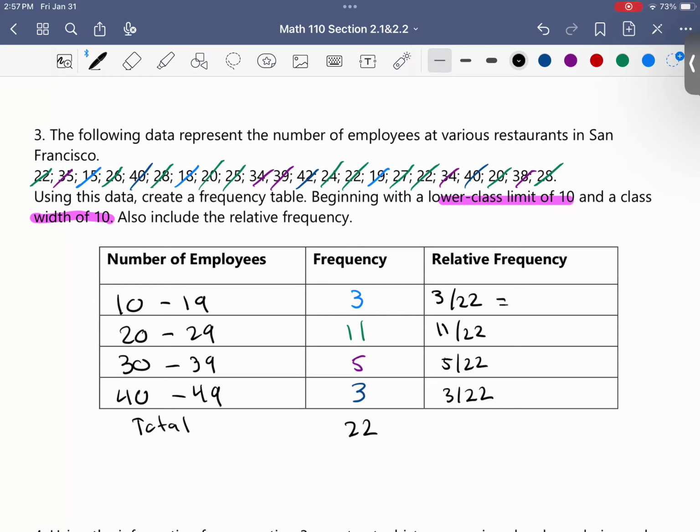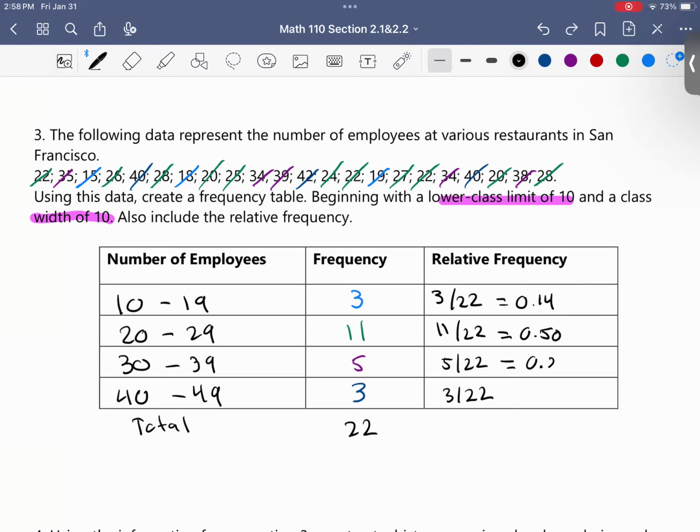Doing the calculation in your calculator, 3 divided by 22 is 0.14, which is 14%, but we could keep it in decimal for now. 11 divided by 22 is 0.50. 5 divided by 22 is 0.23.